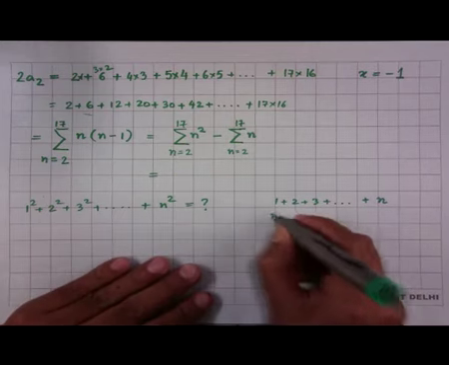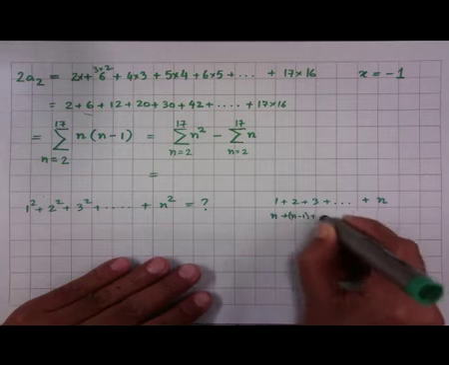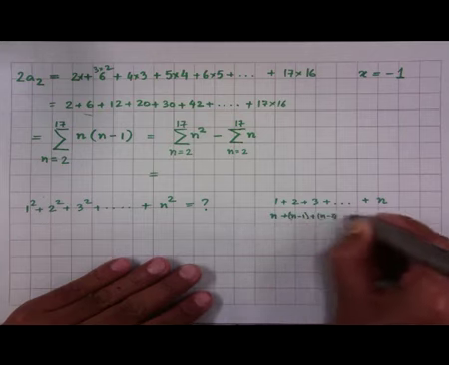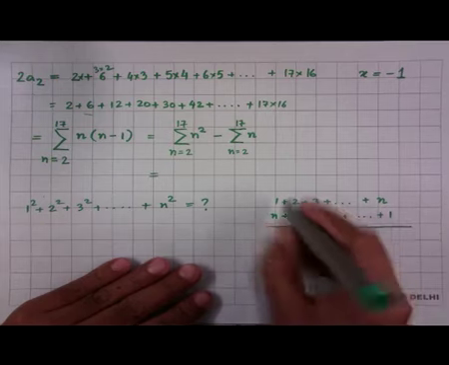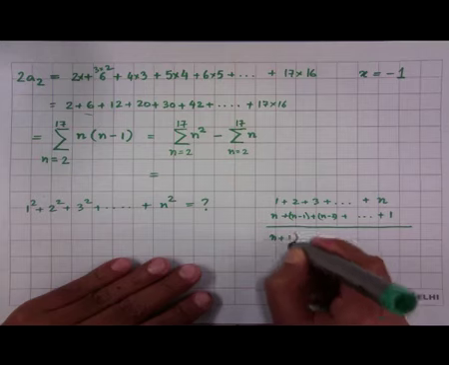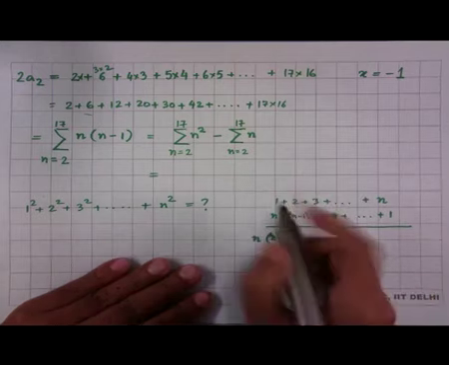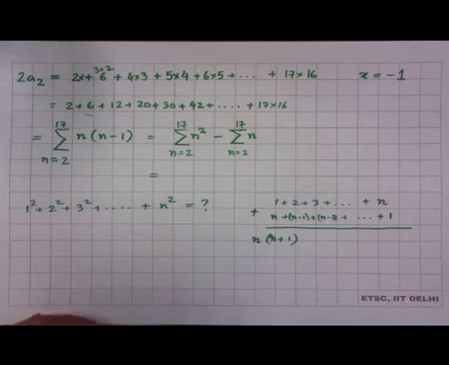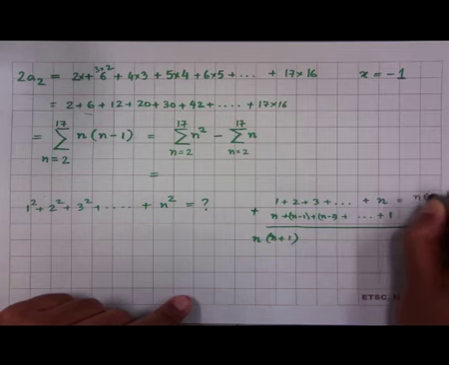Write it backwards, add them up, that gives you the result as n into (n plus 1) by 2.